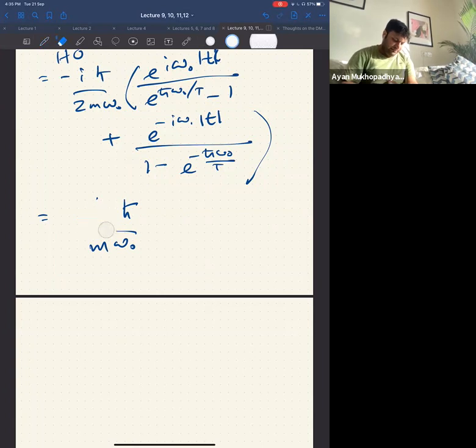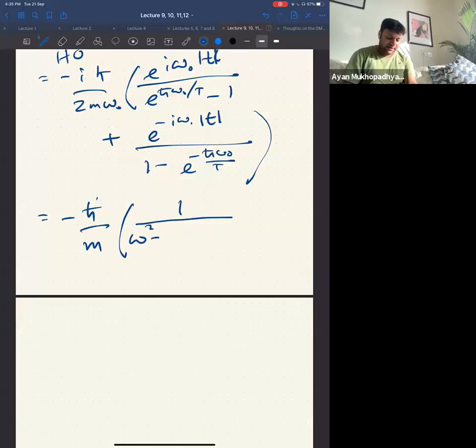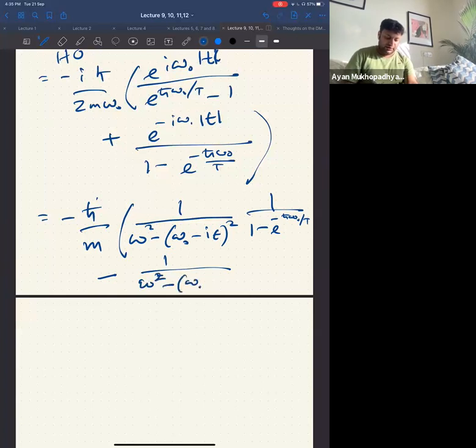If you do it properly, the answer is h bar over m, times 1 over (omega minus omega naught minus i epsilon) squared, times 1 minus e to the power minus h bar omega naught by t, and then minus 1 over (omega minus omega naught plus i epsilon) squared, times 1 over e to the power h bar omega naught by t minus 1.